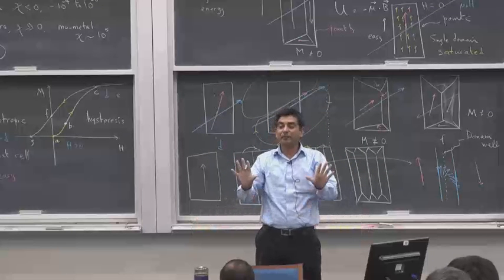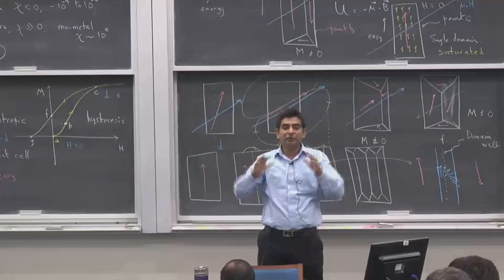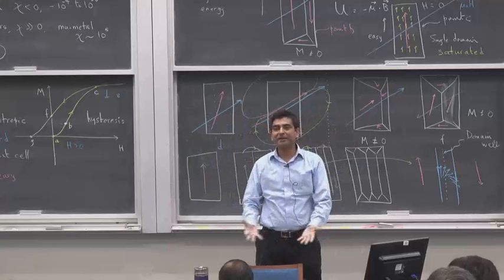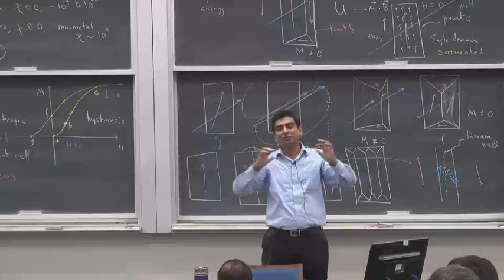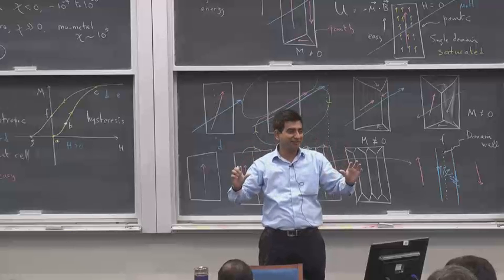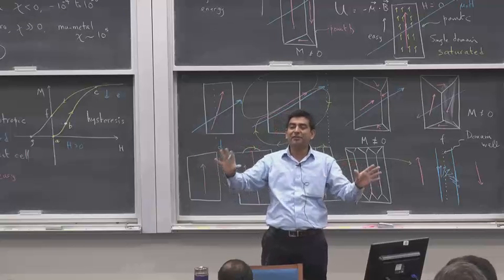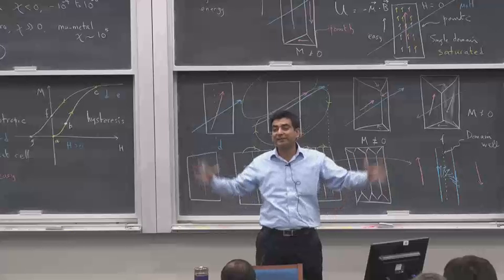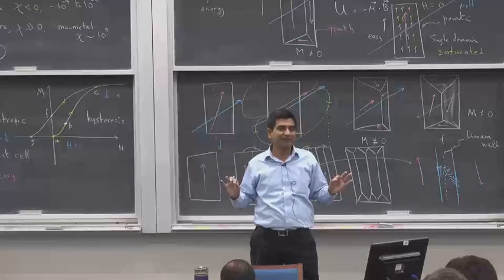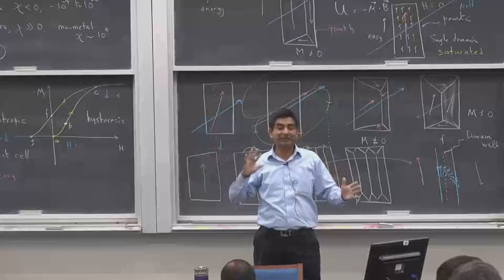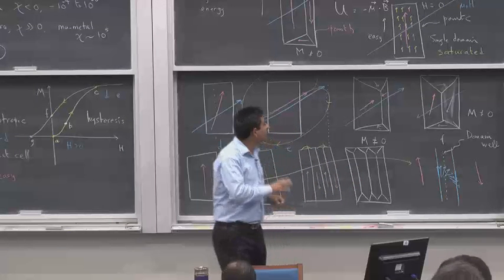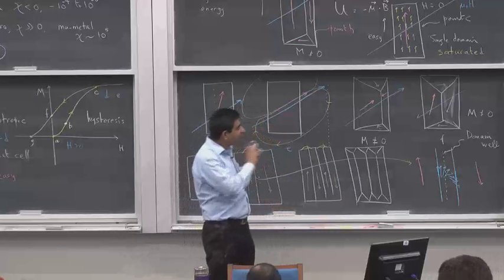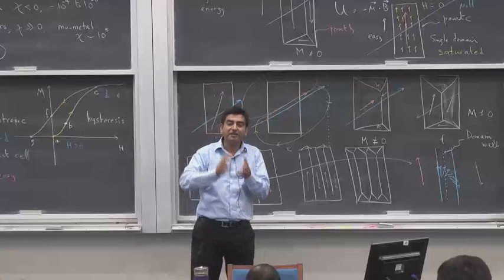So domain formation lowers the magnetostatic energy but increases the domain wall energy. So a compromise has to be reached. And domain formation will cease whenever the two energies balance out one another, whenever there is a break-even effect. So the concept of domain formation and energy and magnetism are intimately related.